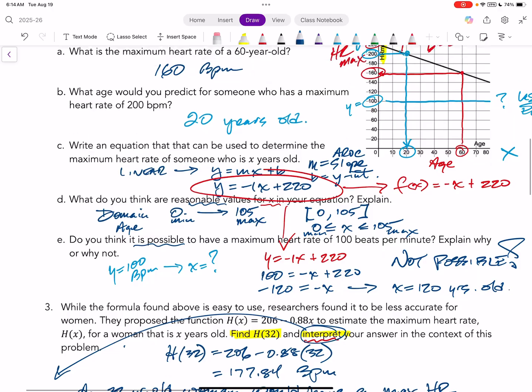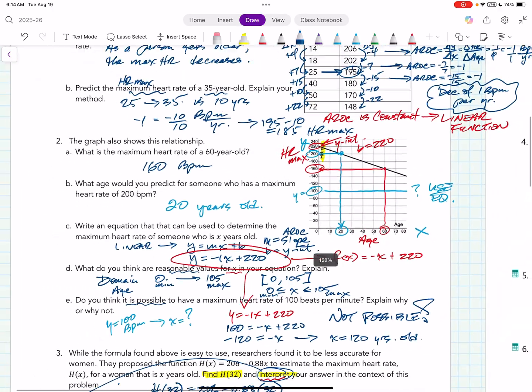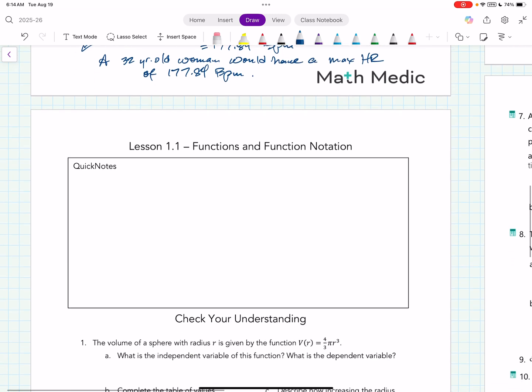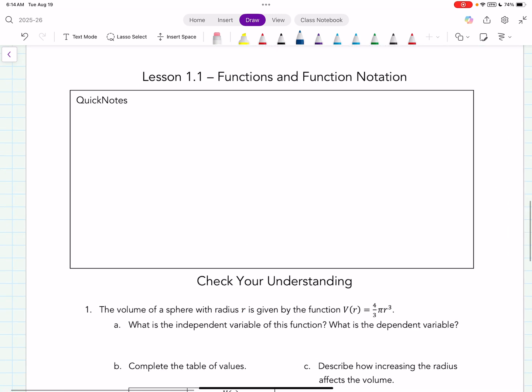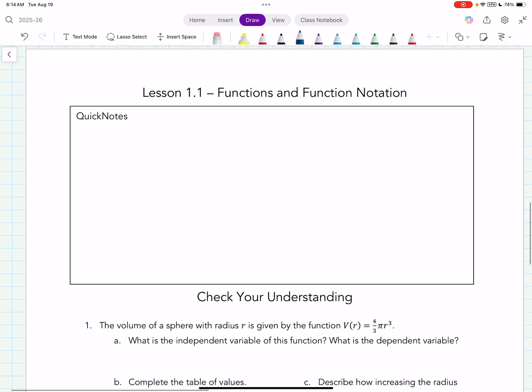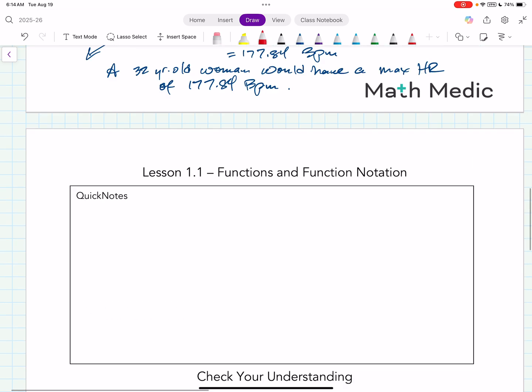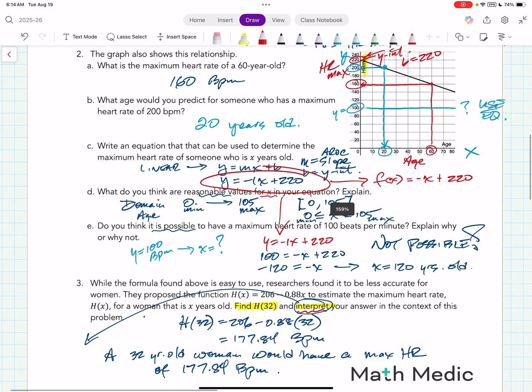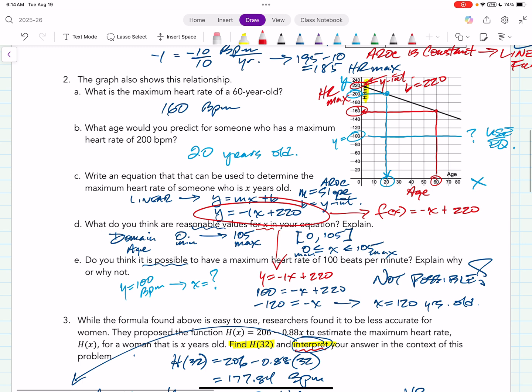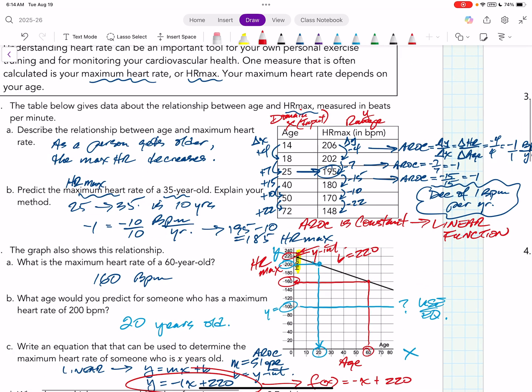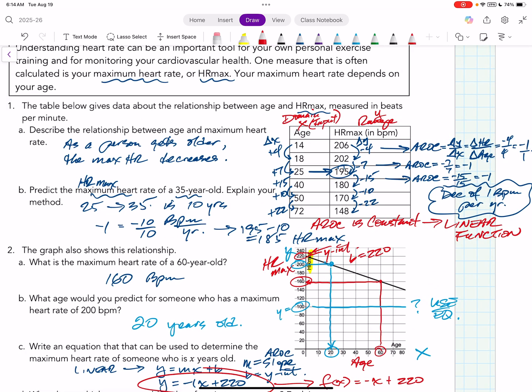That is the basic essence of the lesson here. Let's go do a couple of learning targets. The first thing that we learned coming in from the table at the very top is the average rate of change.